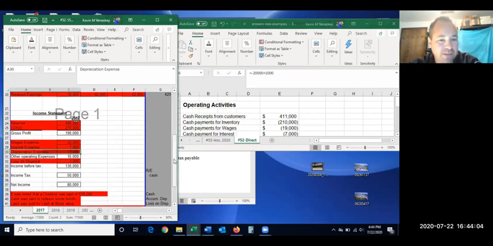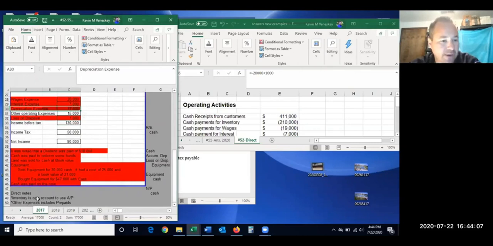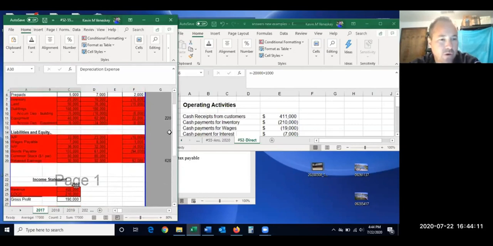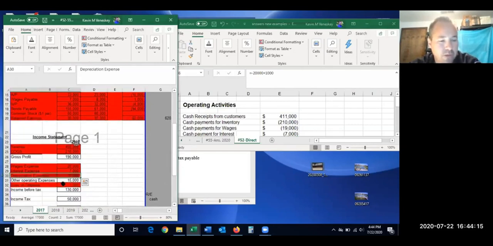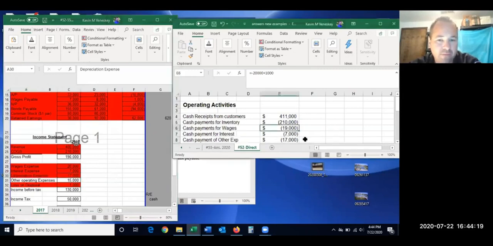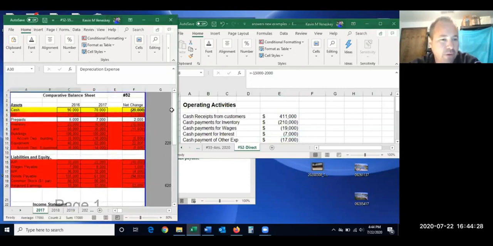Other operating expenses. The notes tell us that other operating expenses includes prepaids. So we're going to deal with the prepaid item with this one. So we had 15,000 of payment in other operating. So I have the 15,000 here as a minus because it's a payment. And then I came up to my prepaids.